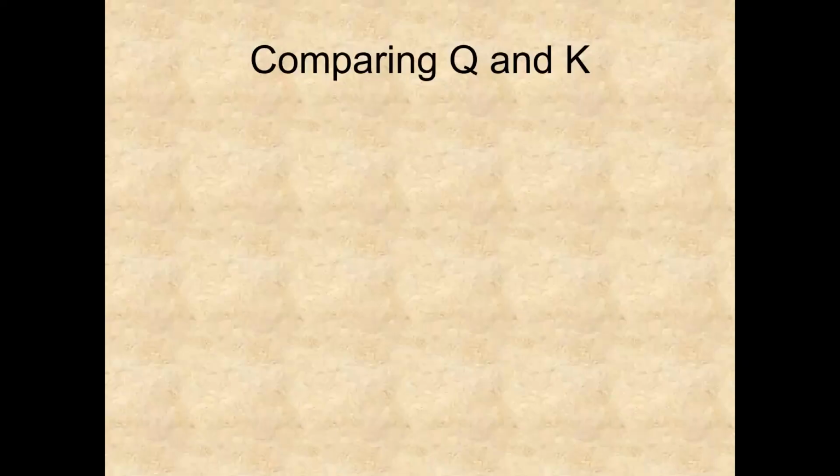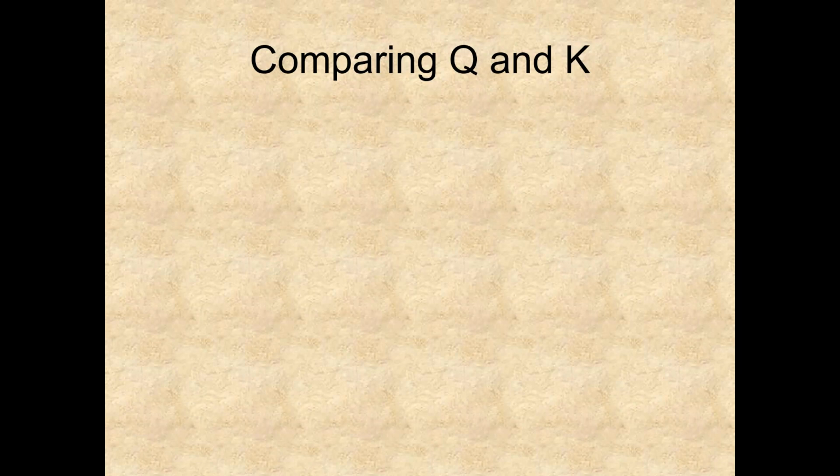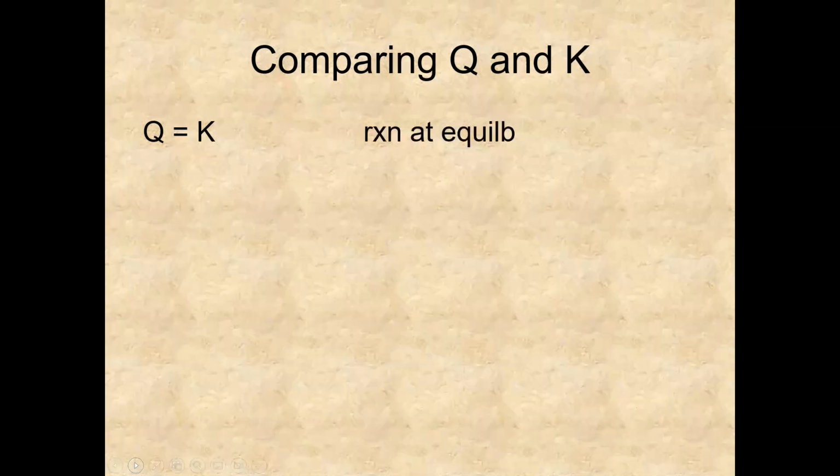So let's look at comparing Q and K. So this is where we figure out what does that value actually tell us. So if Q is equal to K, so we find Q and it is the same as K, that means that we are currently at equilibrium. Now, what happens if they don't match?